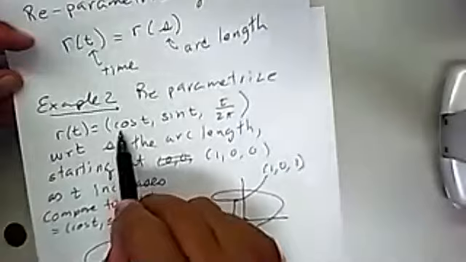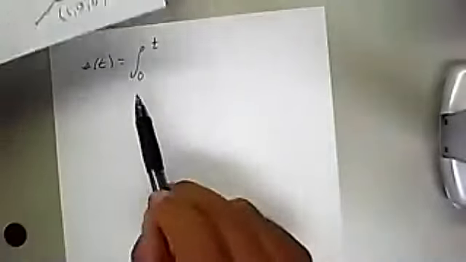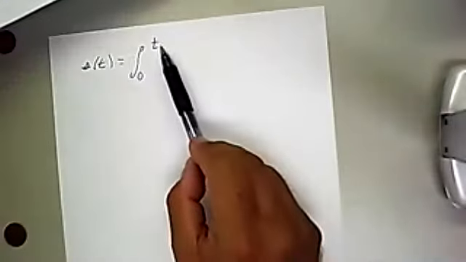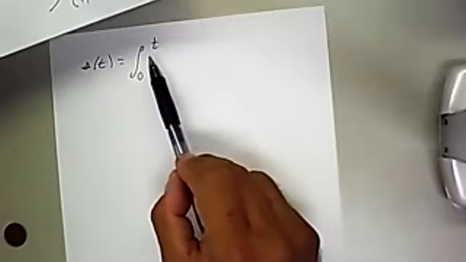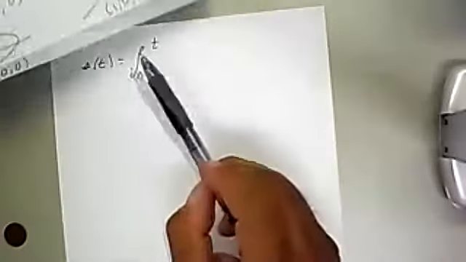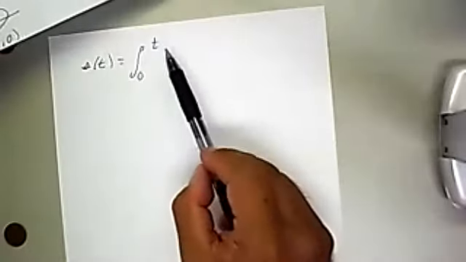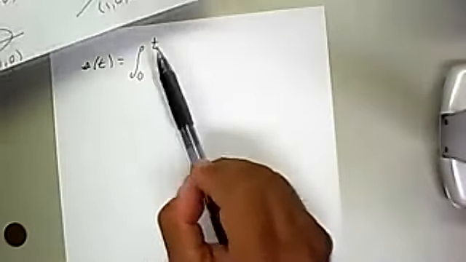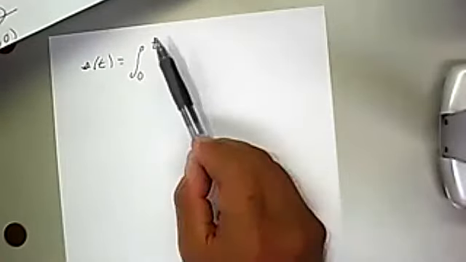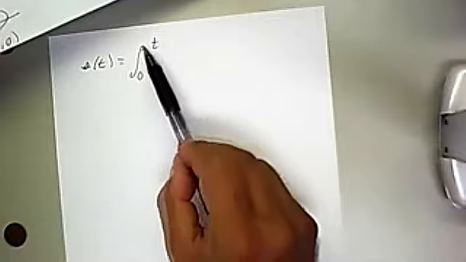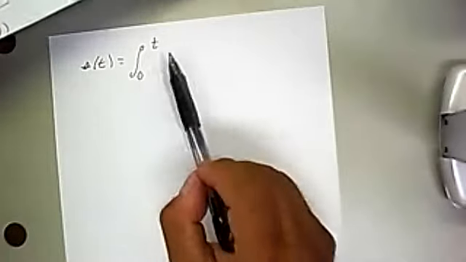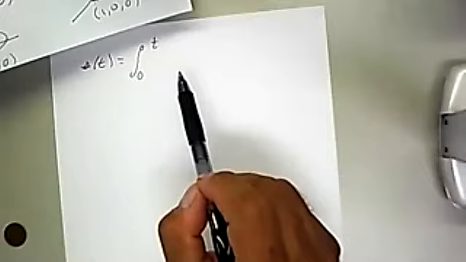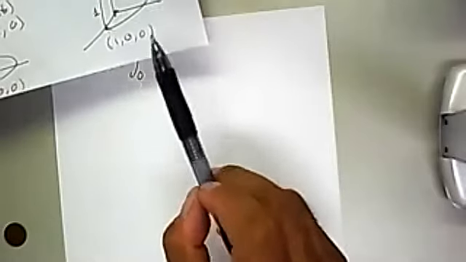We cannot use t anymore for the integration because t is a limit, so we have to change the variable. It is a little bit of a technicality that we may not use the same variable of integration as part of the variables on the upper or lower limit. We have to have a different variable. So let's use u instead.